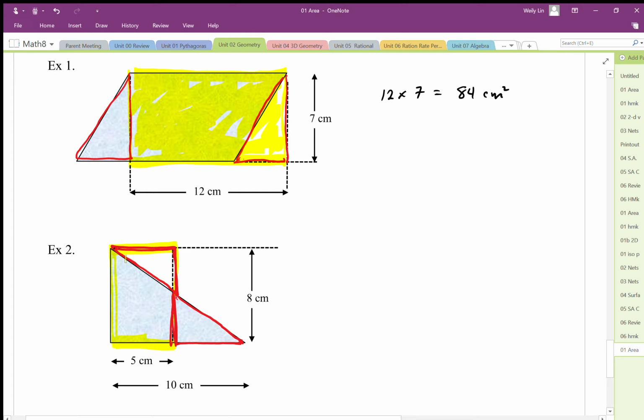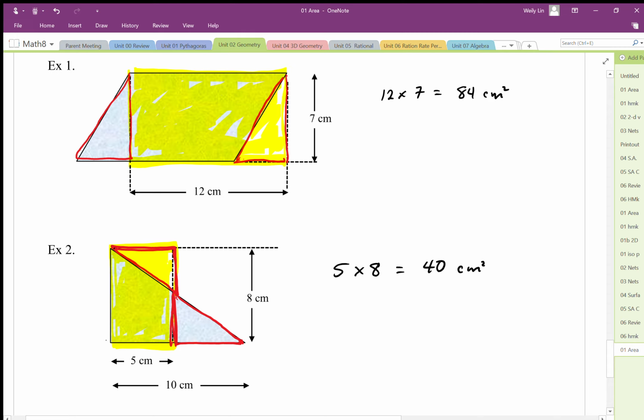Now this yellow area is going to be half the base times the height, which gives me the area of that triangle. So half the base times the height is going to be equal to the area, which is 40 centimeters squared.